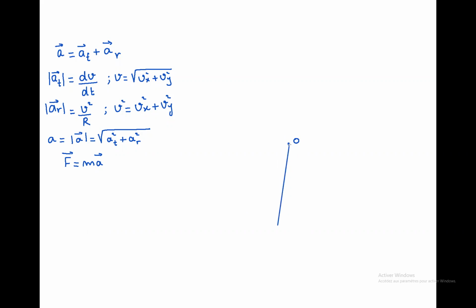The pendulum turns like this. Let's draw the trajectory of the pendulum. This is the trajectory centered about O.